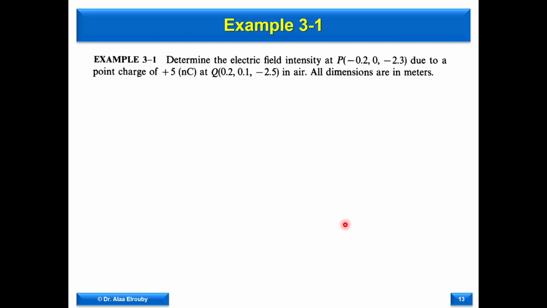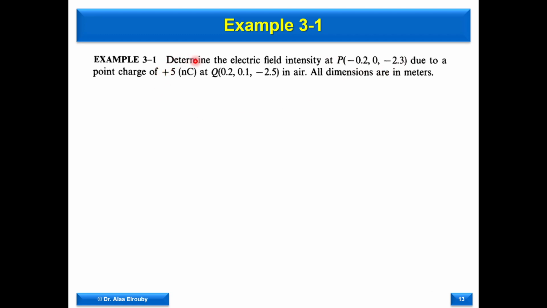So now let us have this example. The example is asking us to determine the electric field intensity at a point P, so it's giving us an observation point, due to a point charge of 5 nanocoulomb at this position. So we have a source at this position, and we have an observation point at that position.